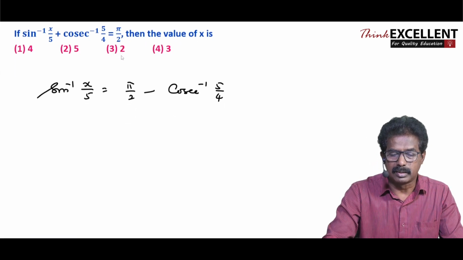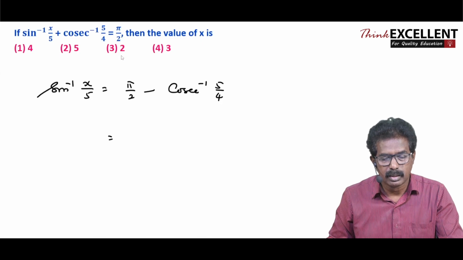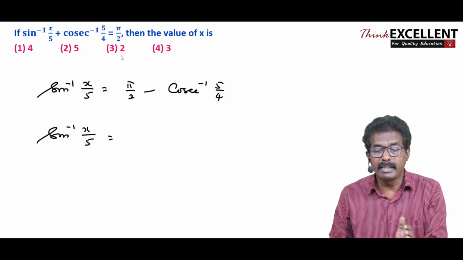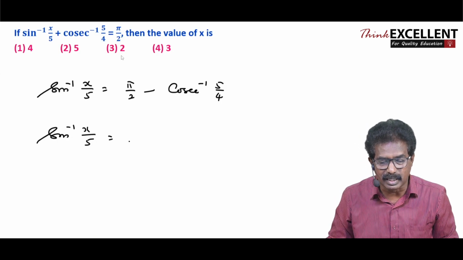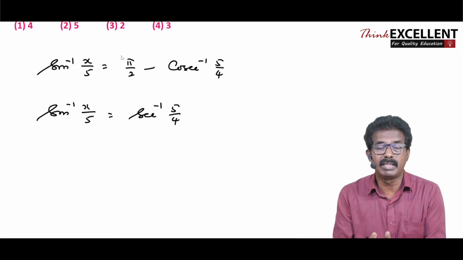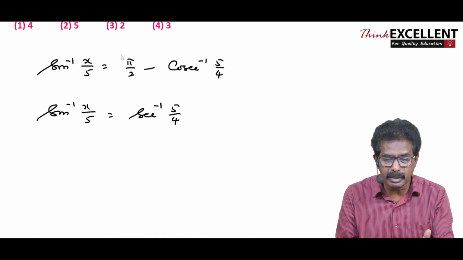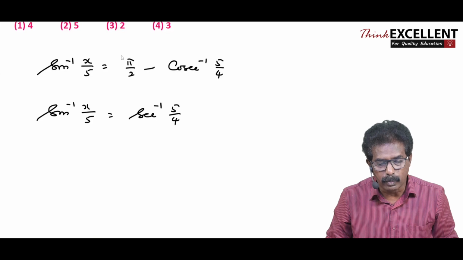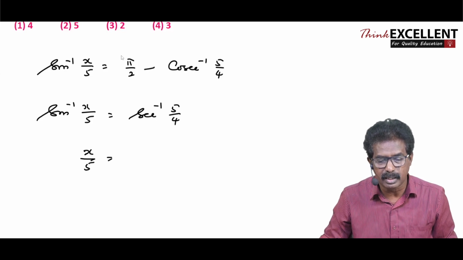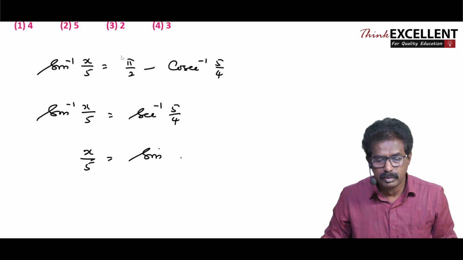Exactly similar to the previous one, pi by 2 minus cosecant inverse is secant inverse, because secant inverse x plus cosecant inverse x is pi by 2. I want x, so x by 5 equals sine of secant inverse 5 by 4.